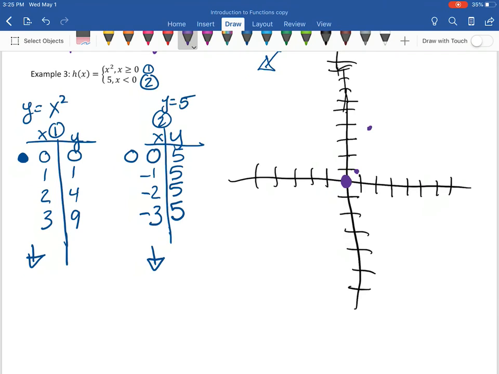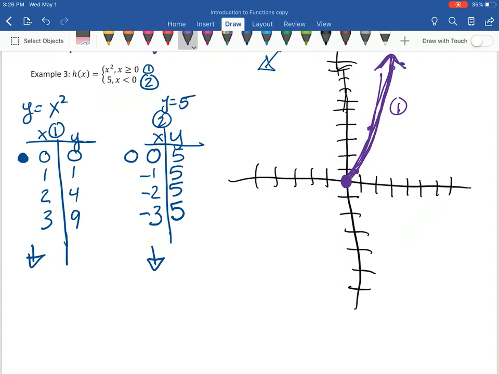So over 3, up 9. Whoops. This should have a curve to it because it's x squared. If I was using graph paper, it'd be a lot easier. Okay, that's the first piece.